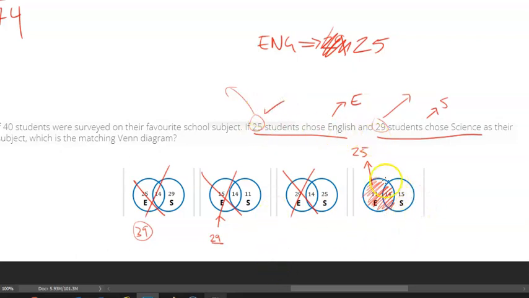And then 29 students, if this is 14 and this is 15, both of them together is 29 for science, regardless of whether they just like science or both of them. 29 is in the S category, which is in here. And it does say 29 students. So this has to be the answer. And this concludes using Venn diagrams and two-way tables.